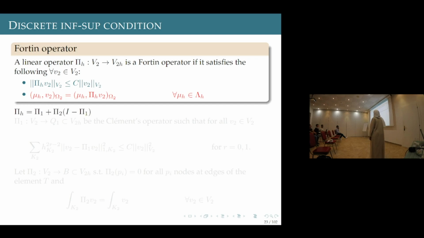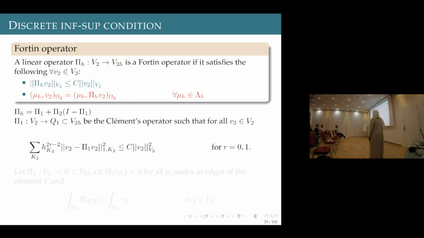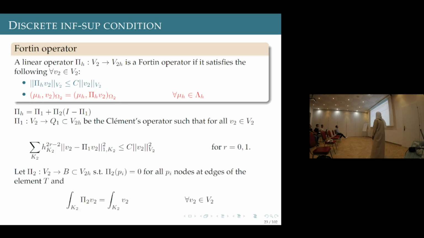We will build our Fortin operator as a linear combination of two other operators, pi 1 and pi 2, in this way, where pi 1 we choose to be the Clement operator that maps V2 into the Q1 part of V2H. And definitely the Clement operator satisfies this bound here.